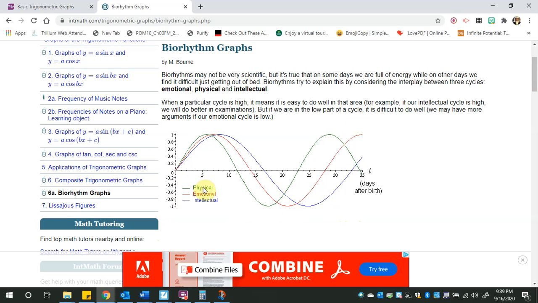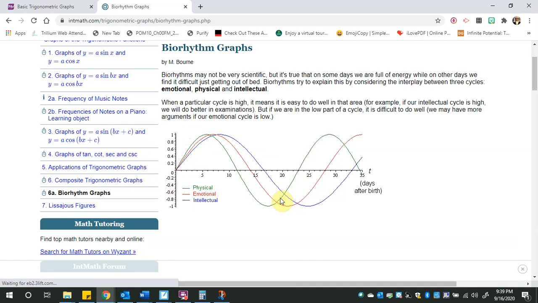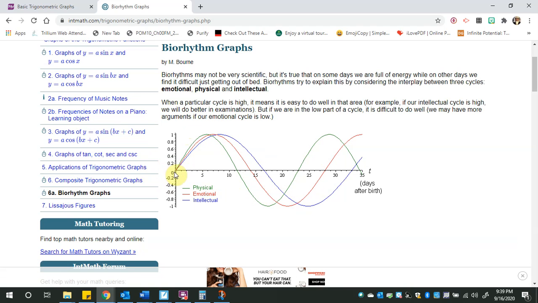Your physical cycle is this green one. Your emotional cycle is the red one. Your intellectual cycle is the blue one. And you can see that they're all sine curves because they all start at 0 and they all have different wavelengths.